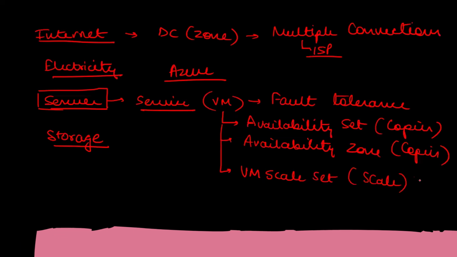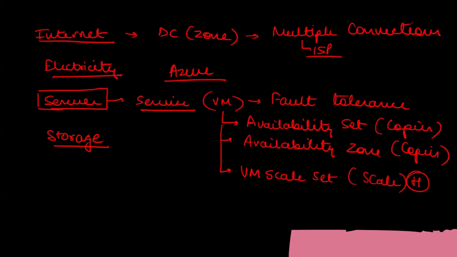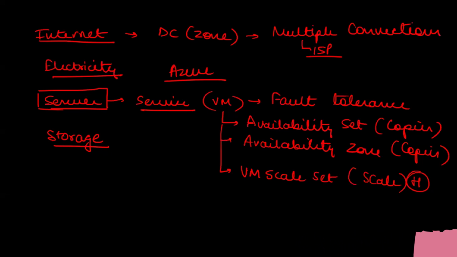This is horizontal scaling of virtual machines based on traffic. If traffic increases, the CPU, RAM, and compute utilization of my virtual machine obviously increases. If there is an increase above a certain limit, I will add another virtual machine into the system, and then I will use a load balancer to balance the load across those machines. So a virtual machine scale set is also a way of increasing the availability.